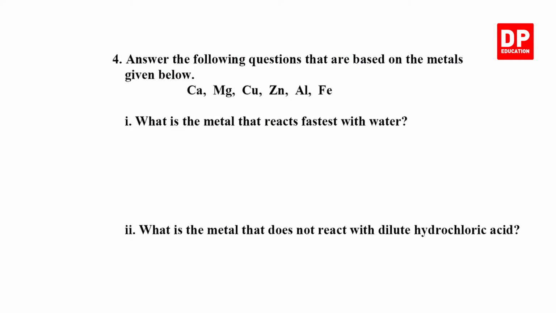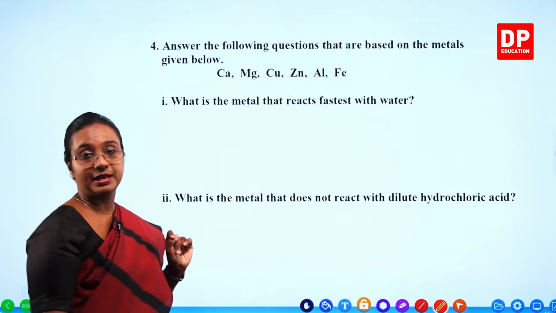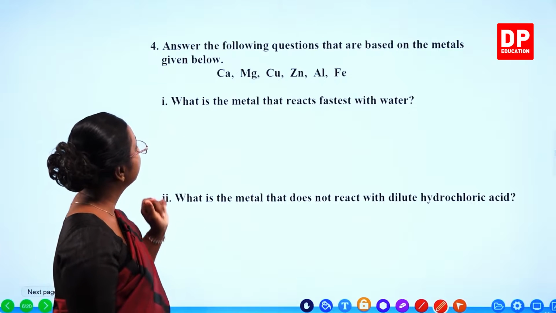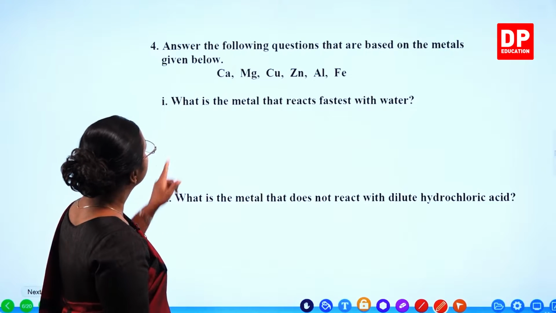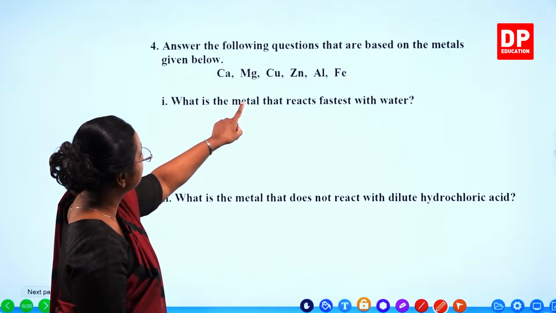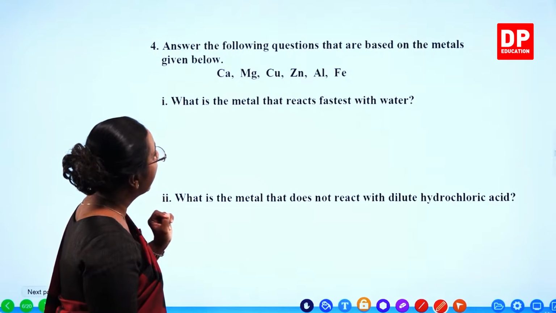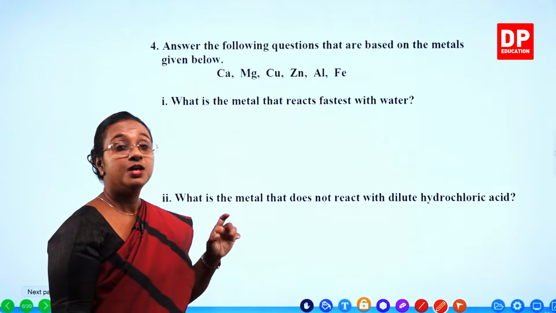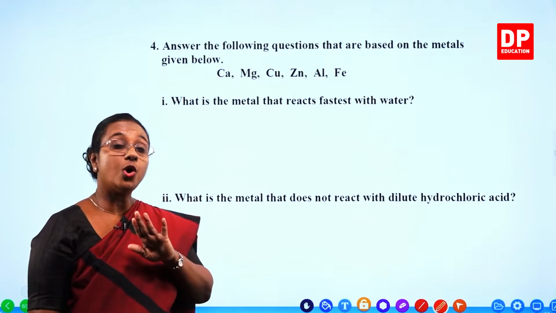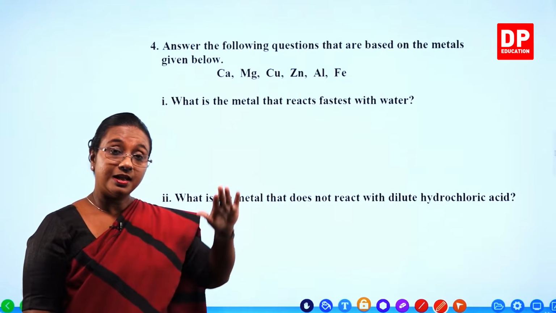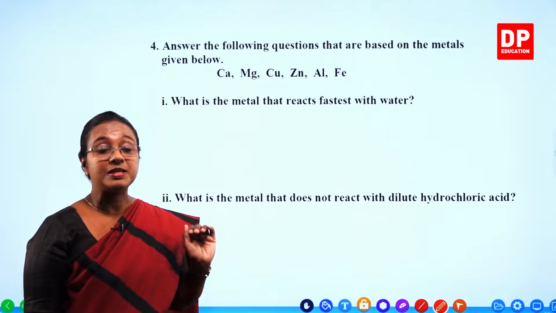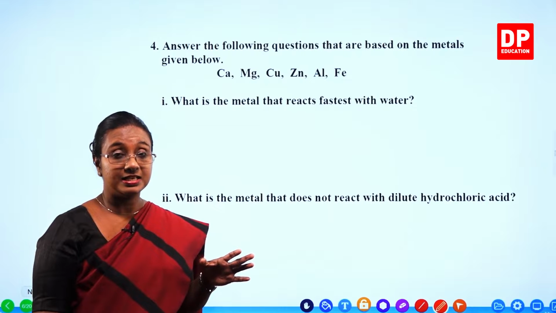Question number 4. Answer the following questions that are based on the metals given below. So here they have given us some of the metals: calcium, magnesium, copper, zinc, aluminium and iron. I am sure now you are familiar with all the symbols of the metals present in the activity series.